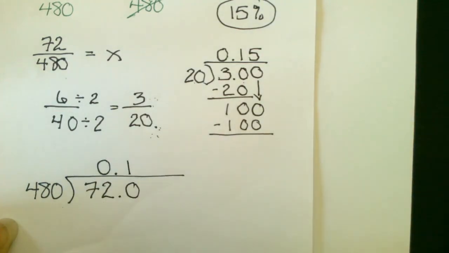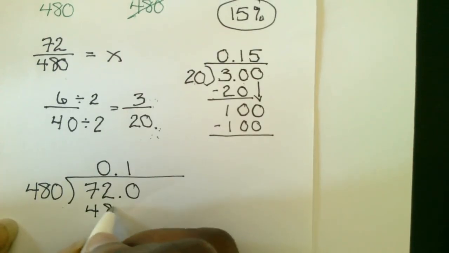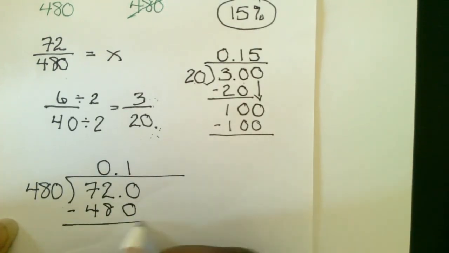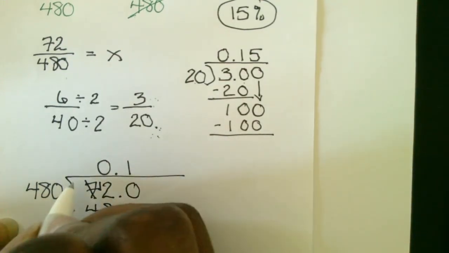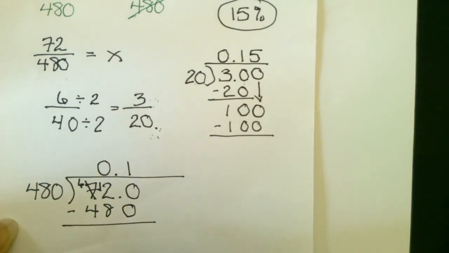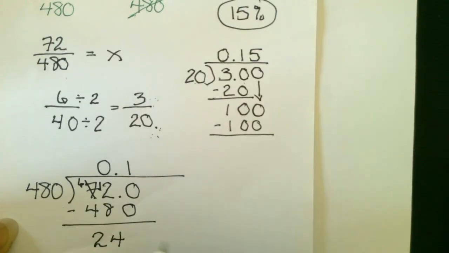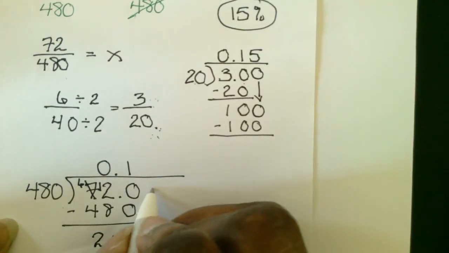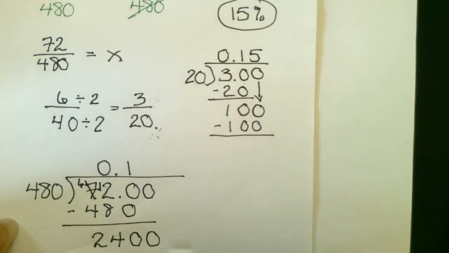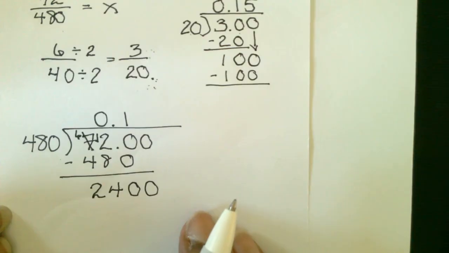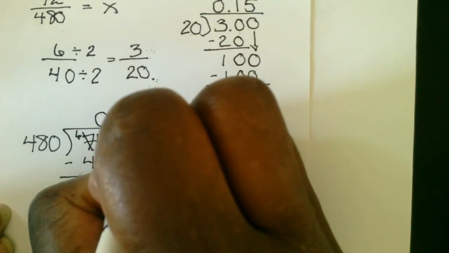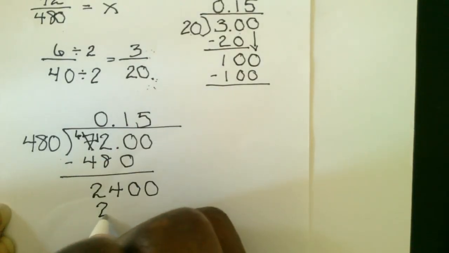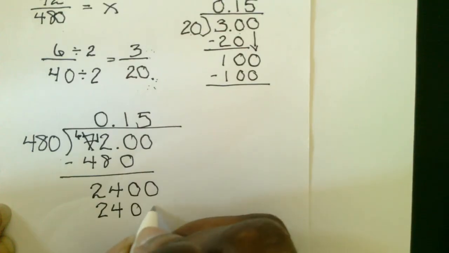So I got my 1. So then you have your 480. Borrow from the 7 to make that 2 into a 12. So now you have 240. Add another 0. You have 2040. So 480 times 5 will give you exactly 2400.